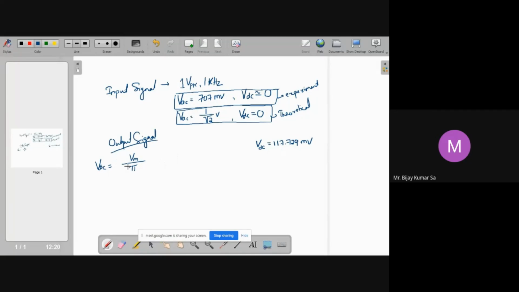So calculate the theoretical value. This is theoretical. This is experimental. Theoretically Vm upon pi. So 1 upon pi.